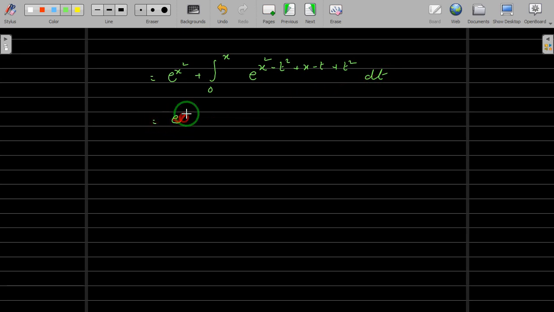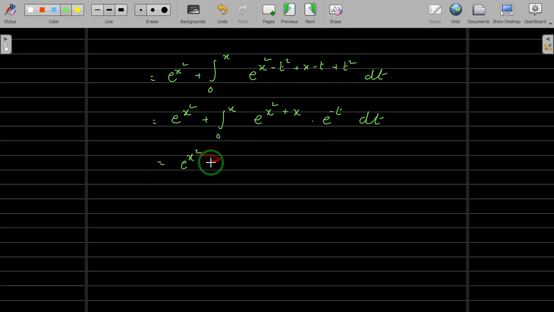This is the same as e raised to x square plus integral 0 to x e raised to, you are integrating with respect to t, so let me write this as x square plus x, then e raised to minus t, this minus t square cancels out with plus t square, dt. And then this is a very simple integration which you can easily solve.